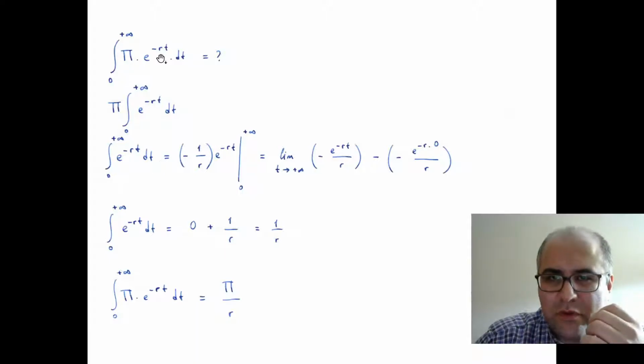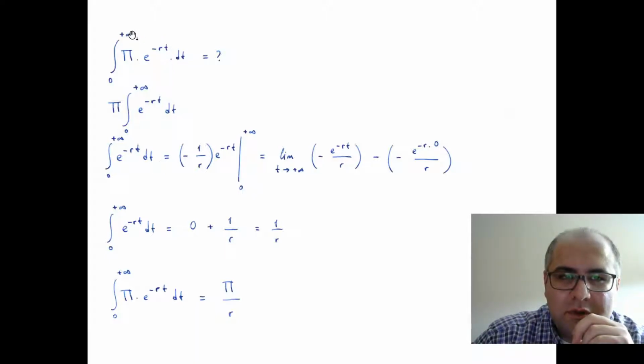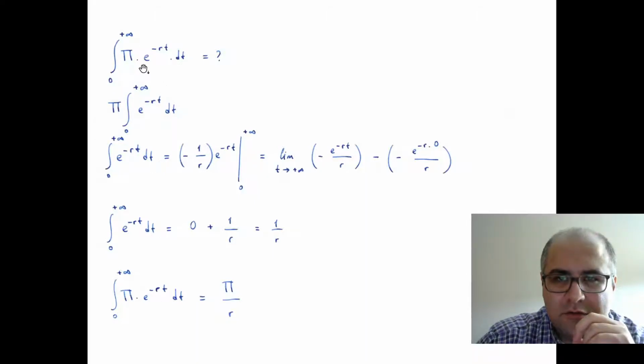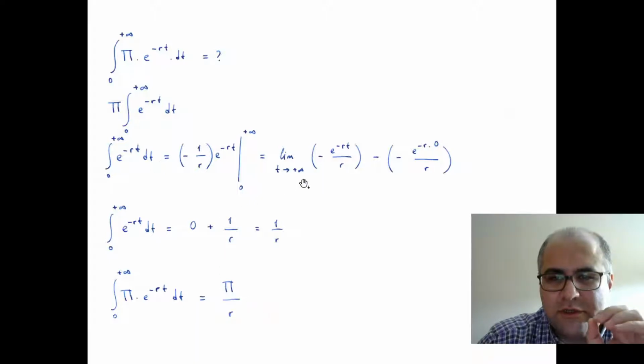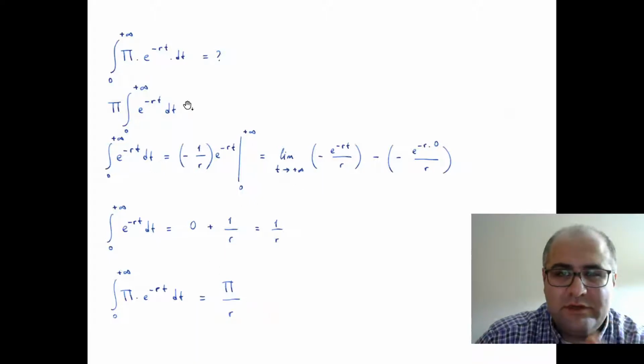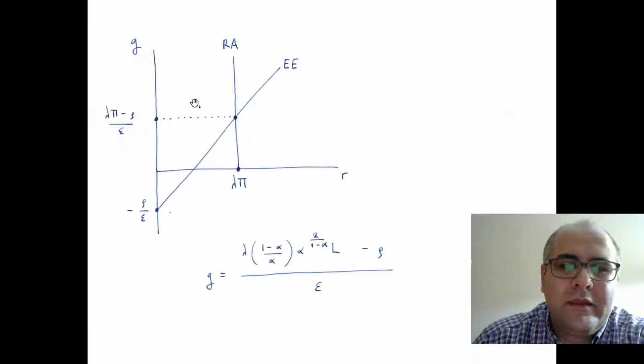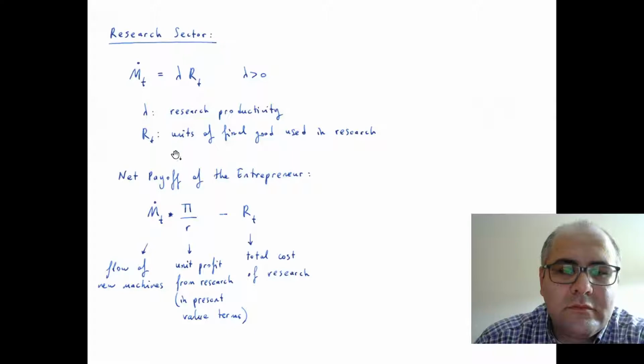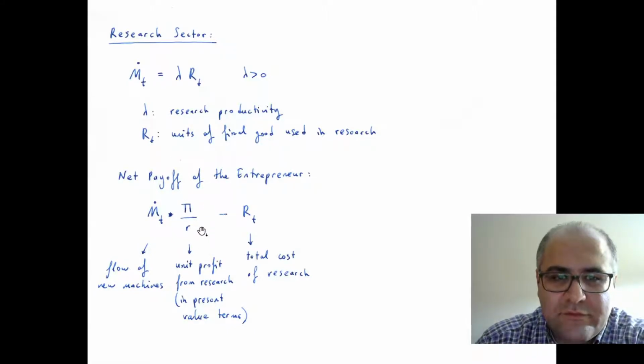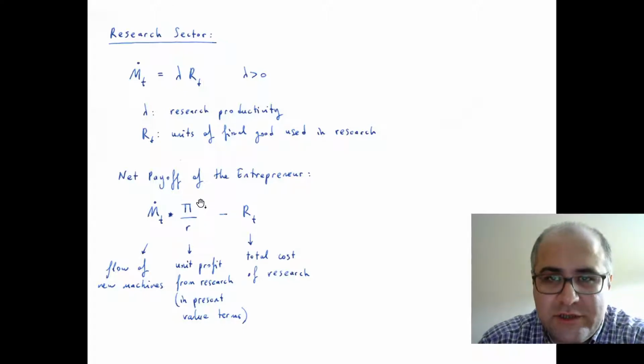That's an important thing. So if you solve this for the entire horizon, you will get this. That's pretty simple. So you can actually work on this. A very simple integral result.